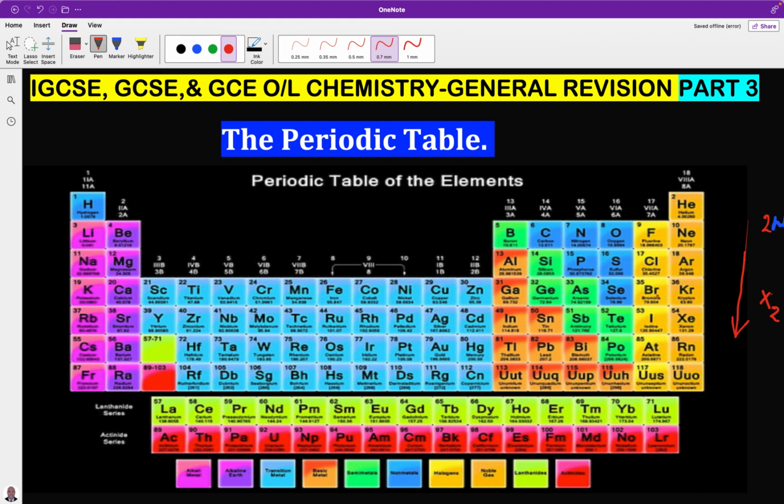In that order, if chlorine is reacting with a substance containing bromine, chlorine is going to displace bromine because it is more reactive than bromine. And if bromine is reacting with a substance containing iodine, bromine is going to displace iodine.